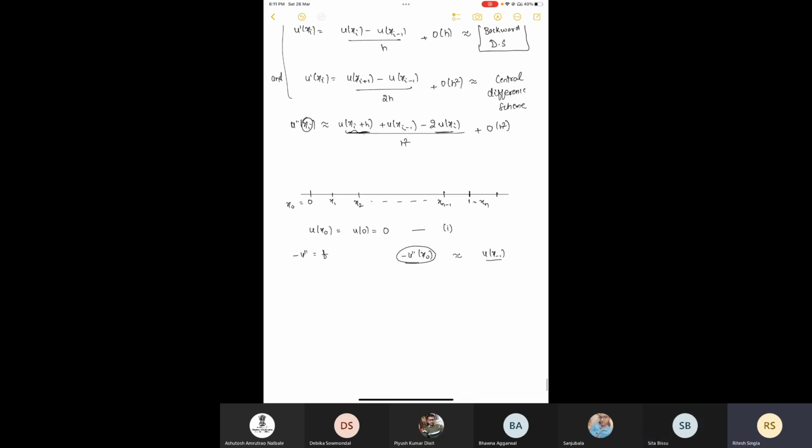So what will we do? We will find u double prime of x1. It will be u of x2 minus 2 times u of x1 plus u of x0 upon h square, and it is given equal to f of x1.